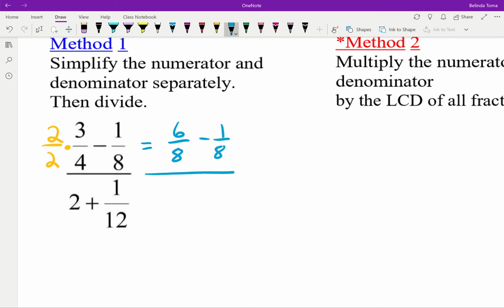In a similar way, this denominator, the 2, doesn't have a fraction, so we would need to multiply by 12 over 12 to get a common denominator. That would give us 24 over 12 plus 1 over 12.